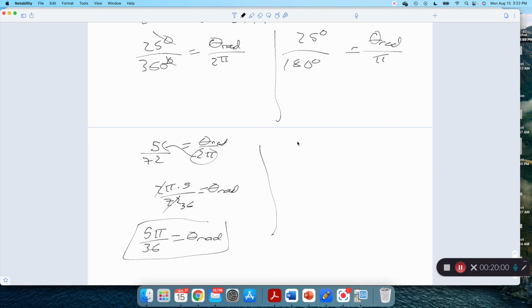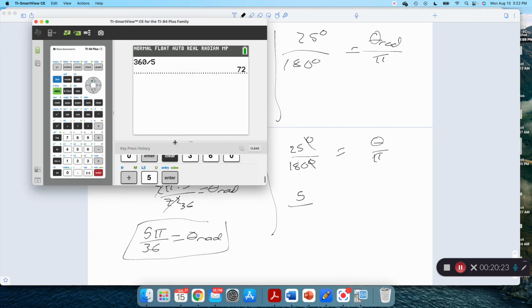Or I could do this proportion, 25 out of 180 is my angle in radians out of pi. So again, I think it's easier to simplify this first. Let's see, 5 goes into the top 5 times. 5 goes into 180, I think 36 times.